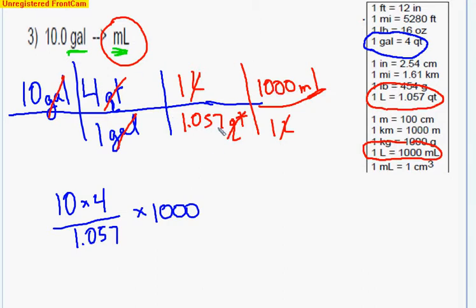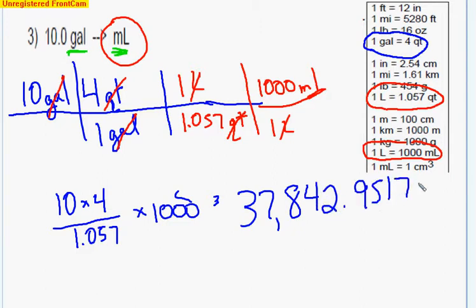And if you do that all right, you get your answer. And if you recall, when your calculator gives you this long answer, it comes out to 37,842.9517, and so on. Now, what do I write?